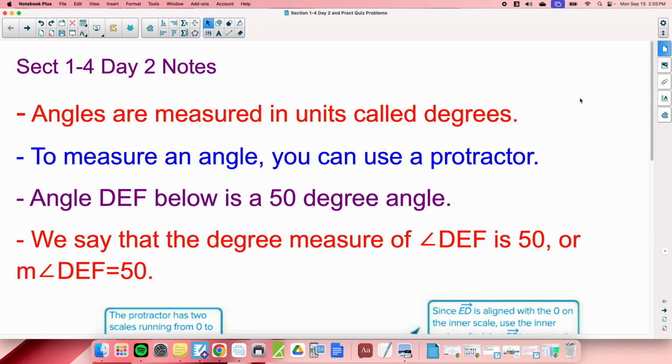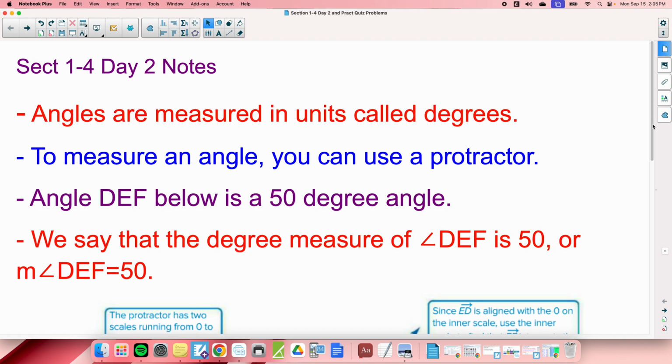All right, everybody listen up, okay? So today what we're gonna do is we are going to learn how to measure angles with protractors, and we're also looking at angles as if they're right, acute, or obtuse, okay?